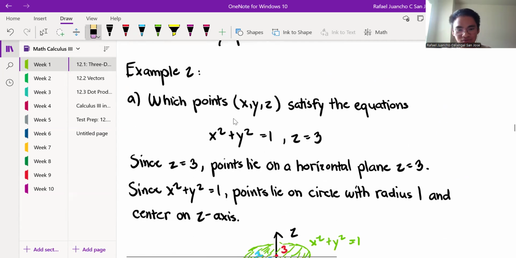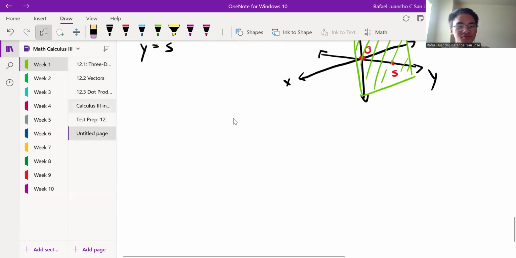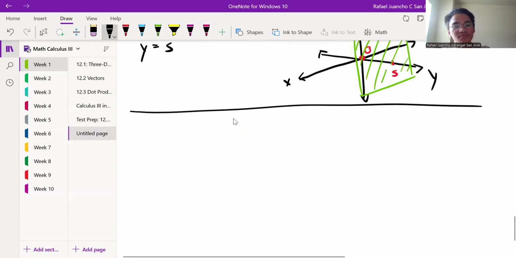Okay, now we move on to example 2. In example 2, we're asking which points, which ordered triples x, y, z satisfy these two equations. So we'll just write that down.